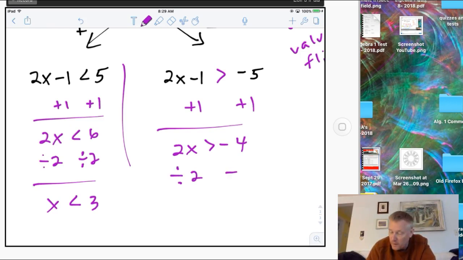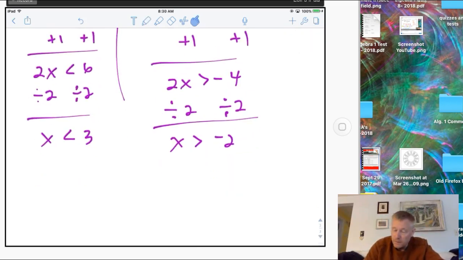Divide by 2. I'm dividing by 2, so I'm not going to flip that sign. If I was dividing by a negative, remember that's one of the laws of inequalities. When you're solving it and you divide by a negative number, you got to flip the arrow from greater than to less than, or vice versa. This one you're not, though. You're dividing by 2, not negative 2. Or not negative 4. Okay, so I got this.